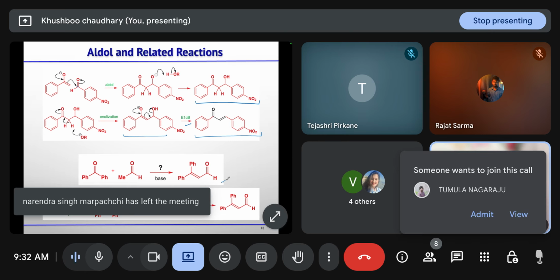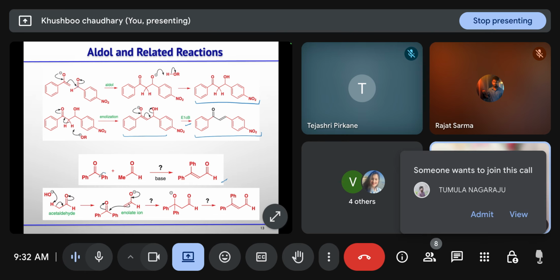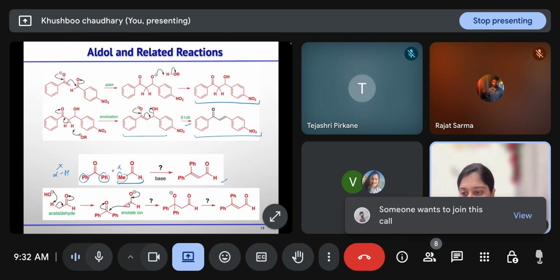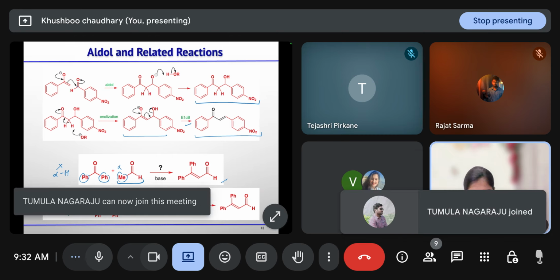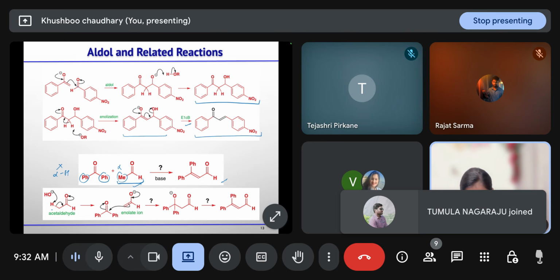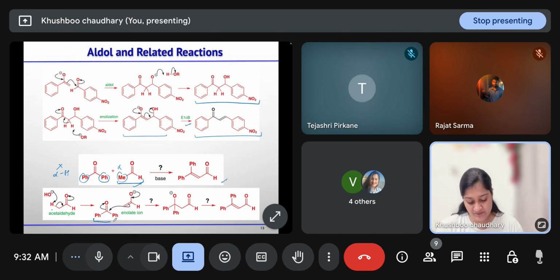Similarly, in this case no alpha proton was there, and in this case only one alpha proton was there. So the reaction will take place through this one. The base will take the alpha protons from acetaldehyde, and then that enolate will attack this carbonyl carbon to give you the dehydrated product or beta hydroxy ketone. And self condensation will not take place because aldehydes are more reactive.